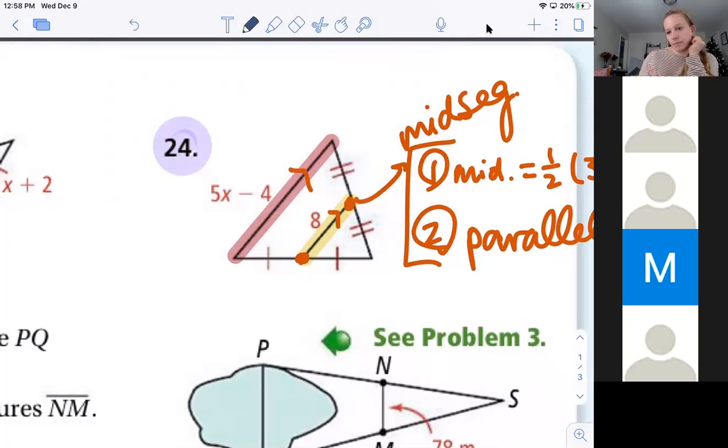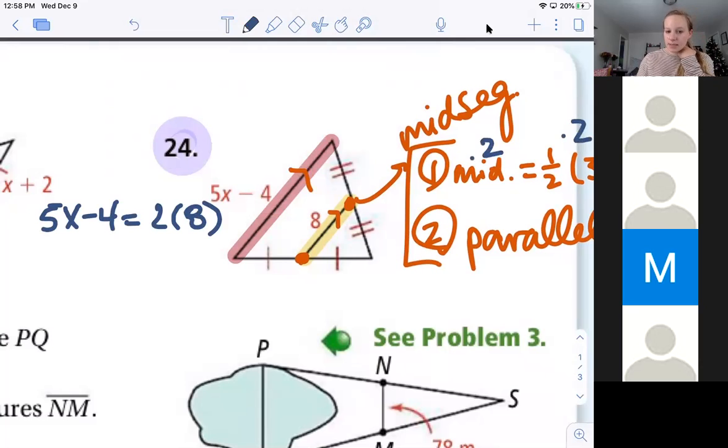Help me out. 5x minus 4 equals 2, and then 8 in parentheses. So Maggie took what Gwenna wrote over here with the mid segments, but she didn't want to play with the fractions, so she multiplied 2 on both sides. So that's why the third side is all by itself and the mid segment is multiplied by 2. Totally great way to write it.